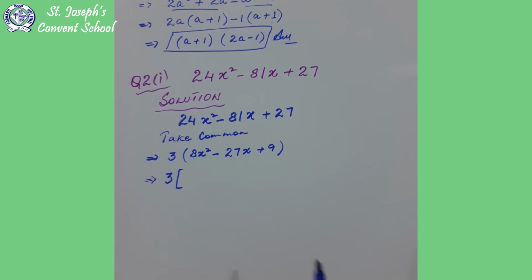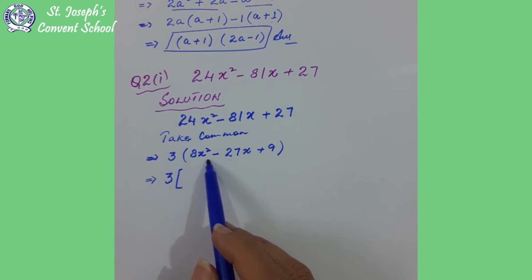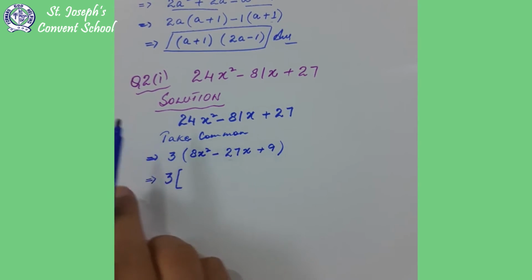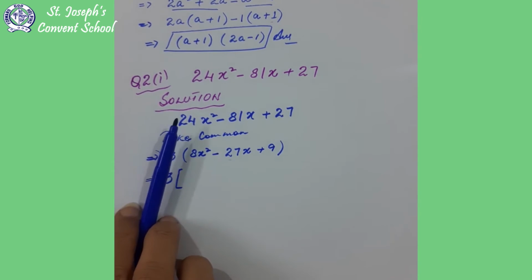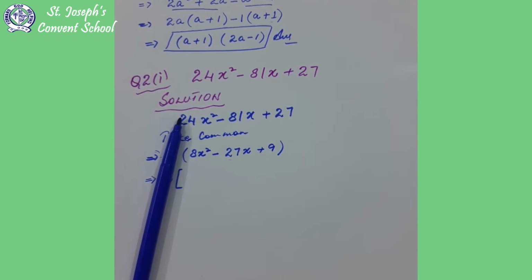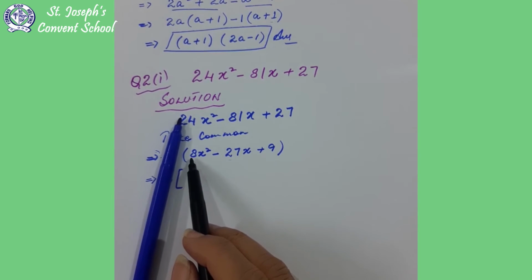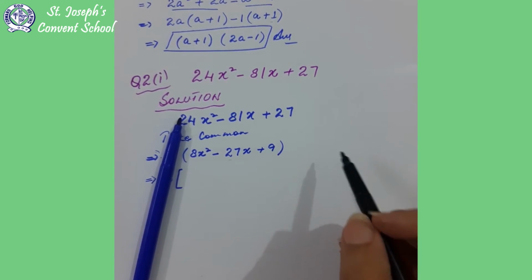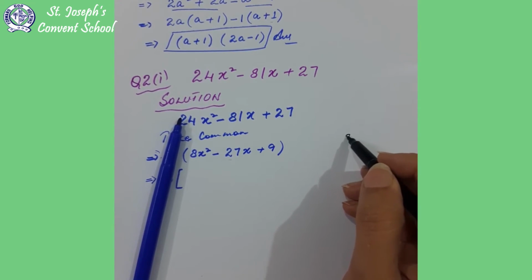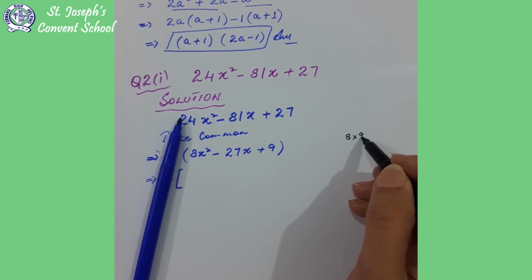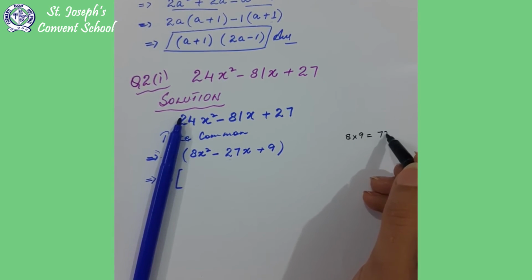Now suppose this is the question, and leave the 3 as it is. According to the method, we multiply the first and last term, so 8 into 9, which is 72.